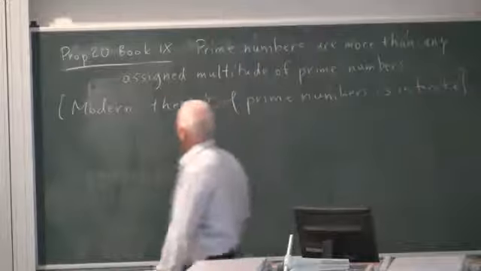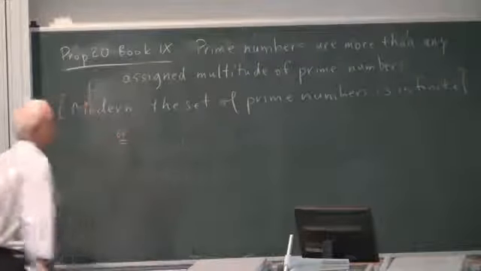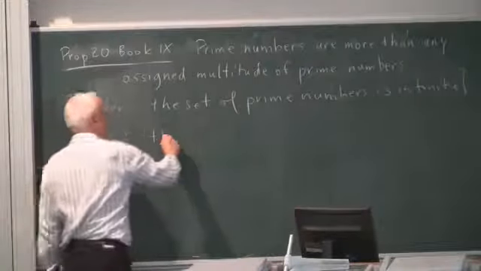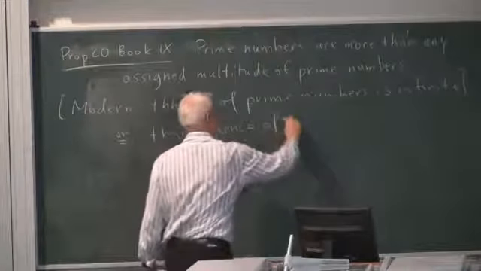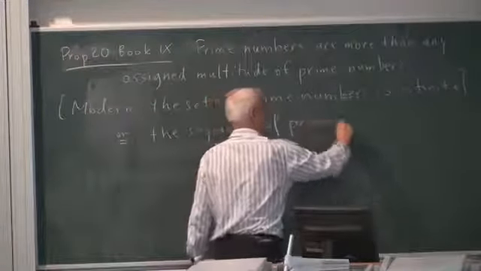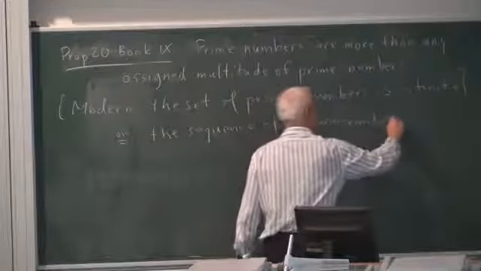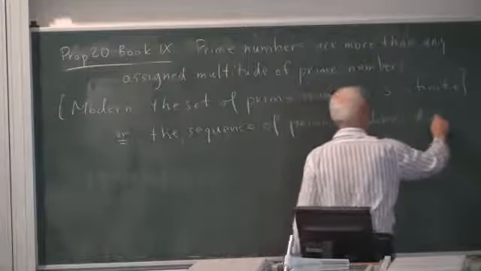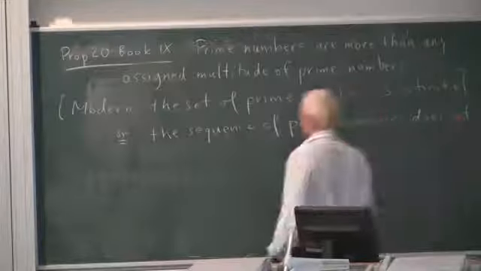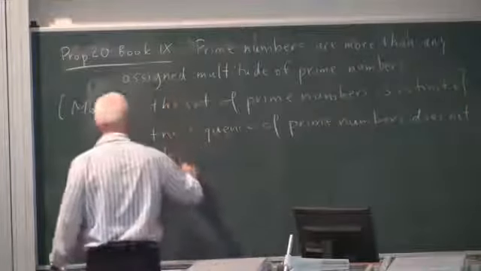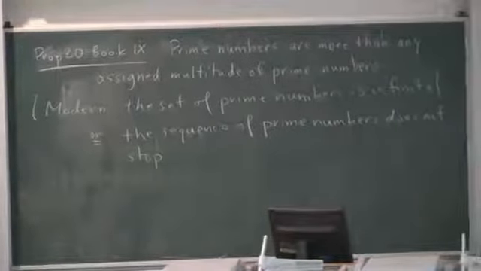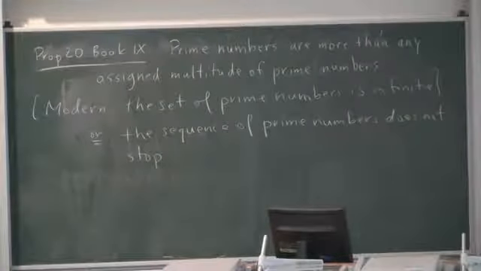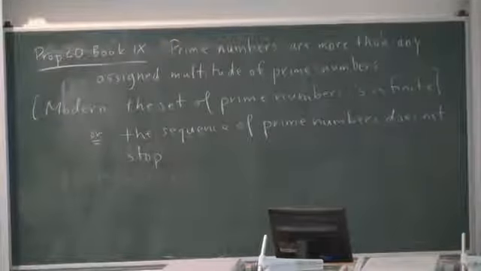They would rather have said that the sequence of prime numbers does not stop. It keeps going. So this sequence here does not stop. It's not the case that there is some biggest prime number and that after that they're all composite.